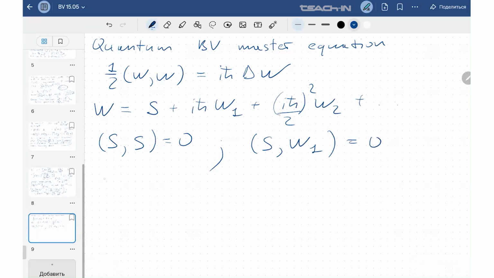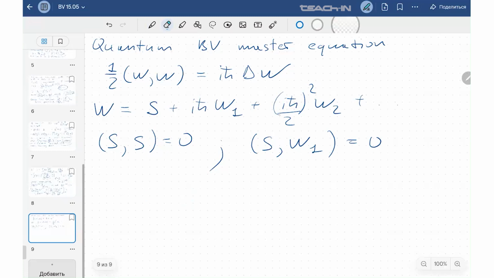And one more is something like W1, right? Equals to. So what do we get at order 2 in h bar?